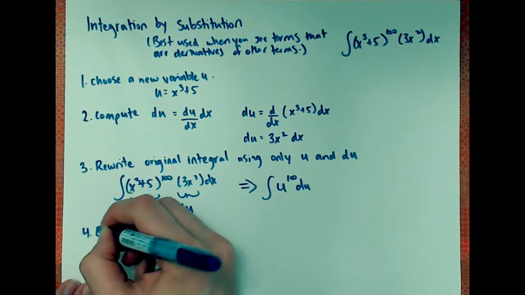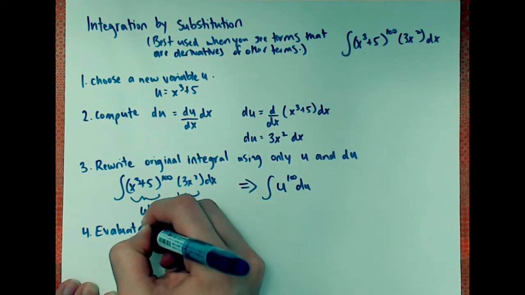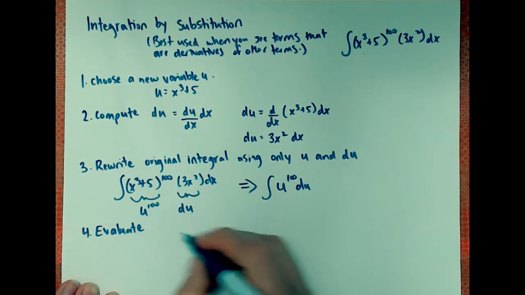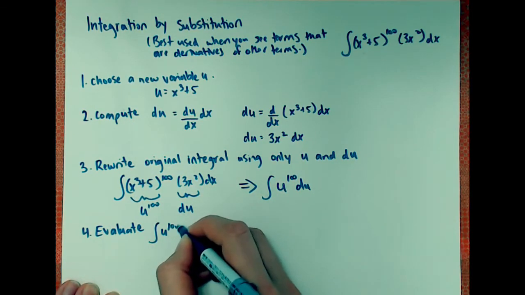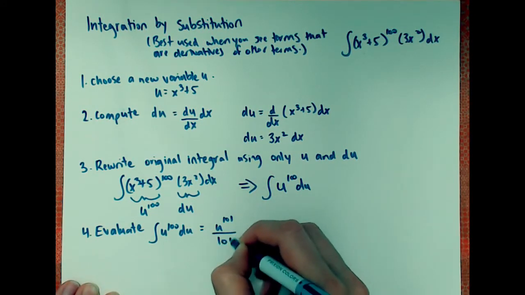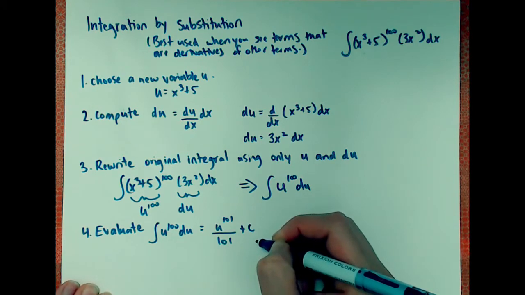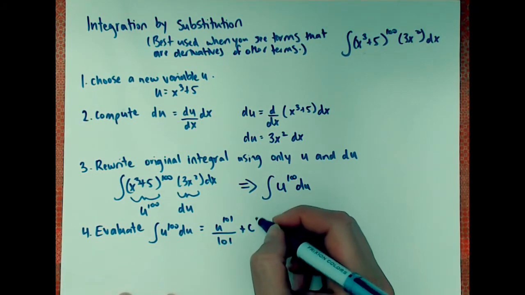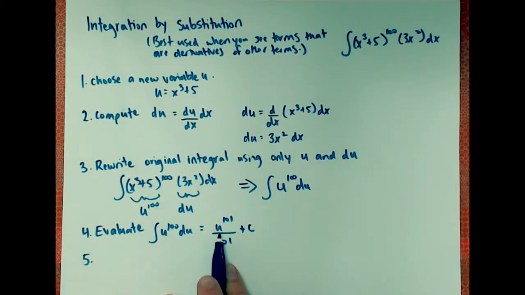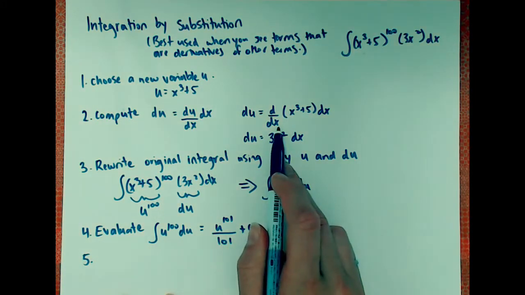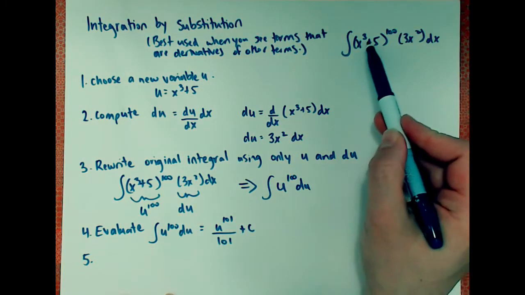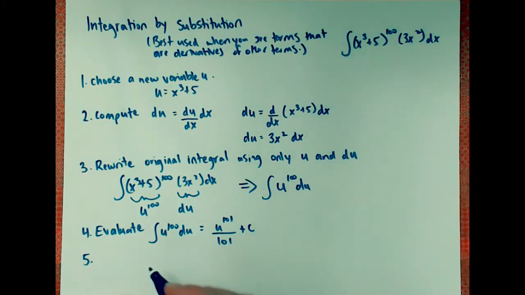Now evaluate this integral. It's very easy. Now we just have reverse power rule. So the integral of u to 100 du is equal to u to the 101 over 101 plus c. Now you just replace each occurrence of u with the expression in x, because we really want to know the integral of the original equation.